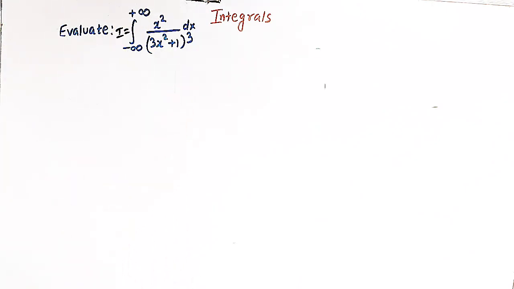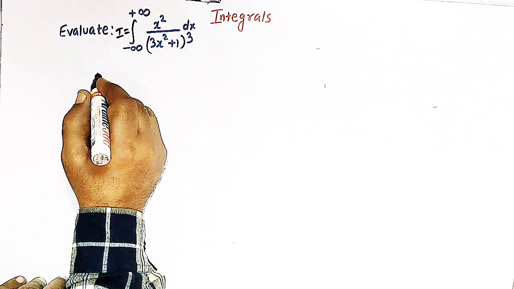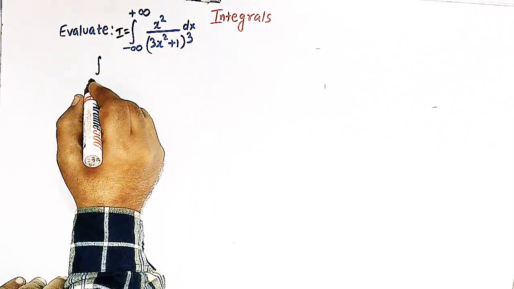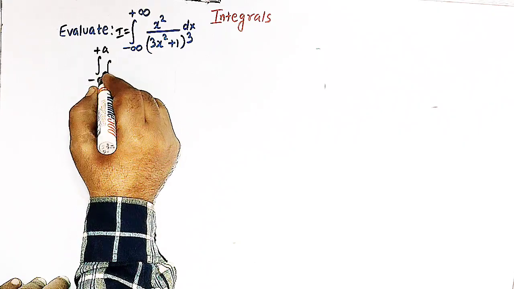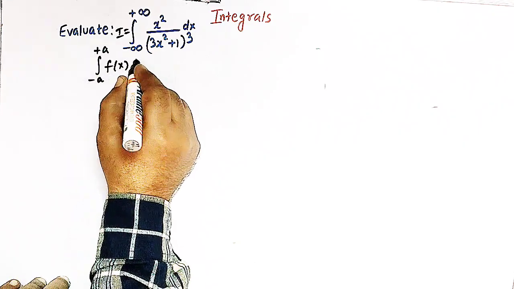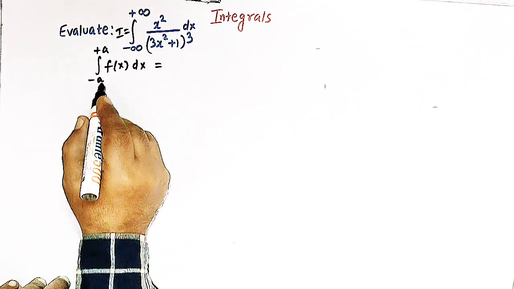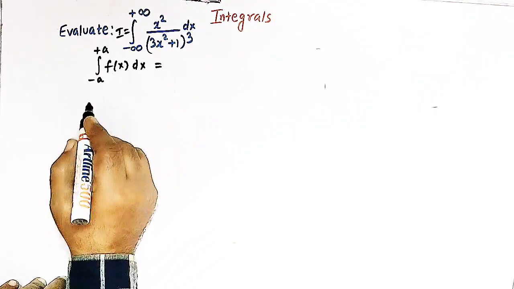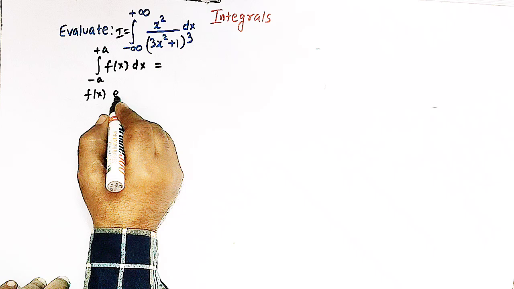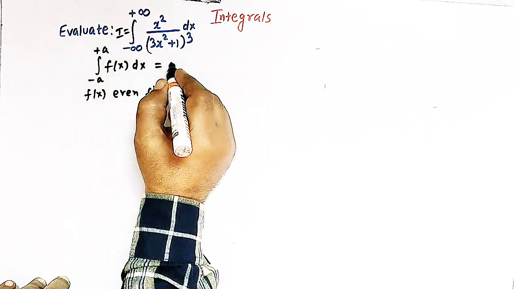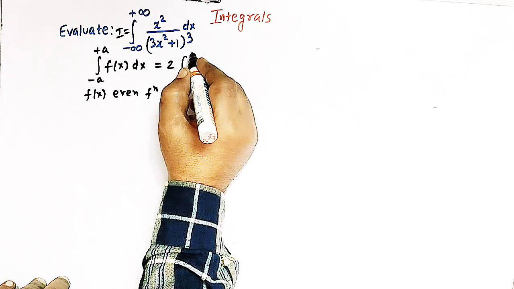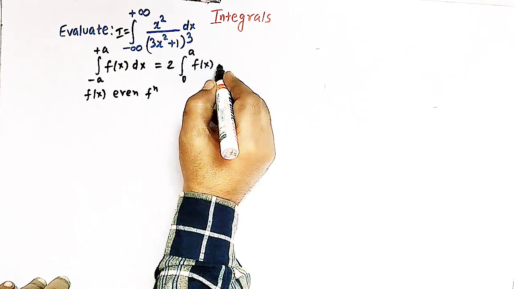And here first of all I will apply an important property of definite integrals, which says that if we have an integral from minus a to plus a, and we have the integrand f of x and dx, then if this function f of x is an even function, we can write this integral as 2 times the integral from 0 to a f of x dx.